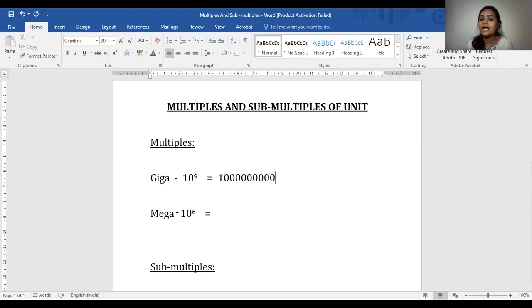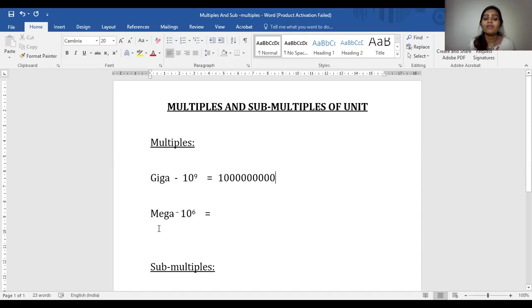How many zeros? 9 zeros after the number 1. That's the standard form, how originally the number was. Such a big number, I didn't want to make it more difficult to write. That is why we use the multiples, simply writing 10 raised to 9. And this 9 states that there are 9 zeros after the number 1.